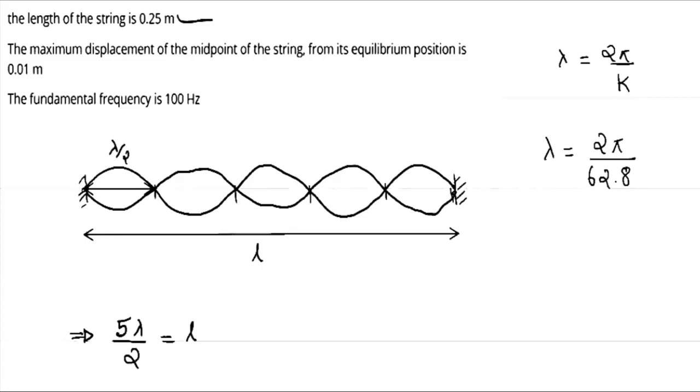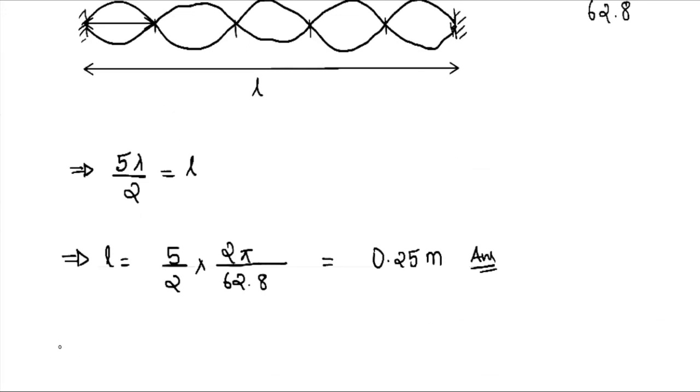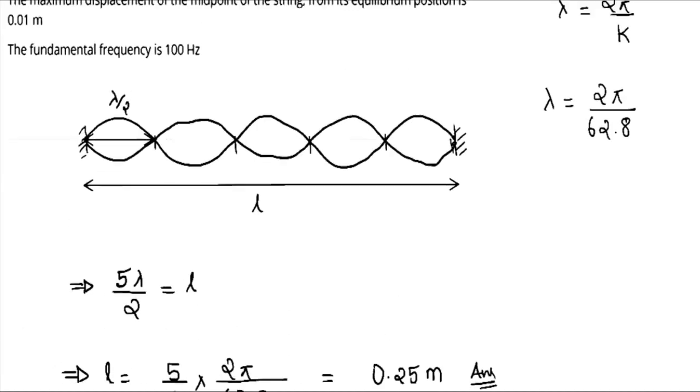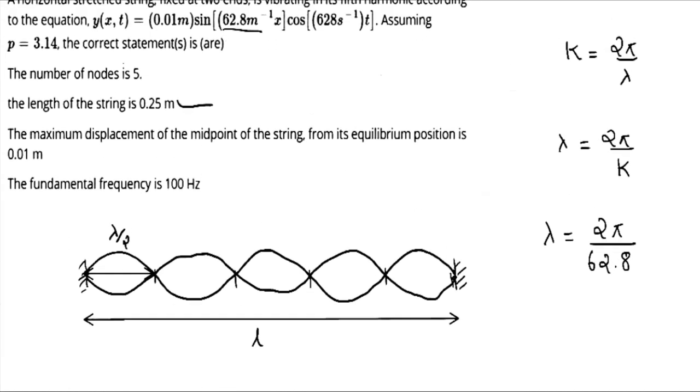So the number of nodes is 6. It's not 5, we can clearly see it. So our first option is incorrect.